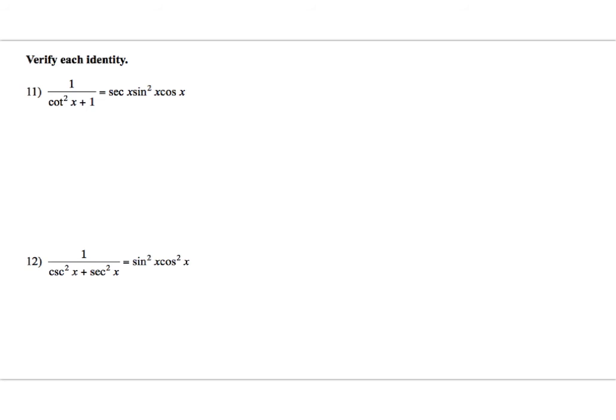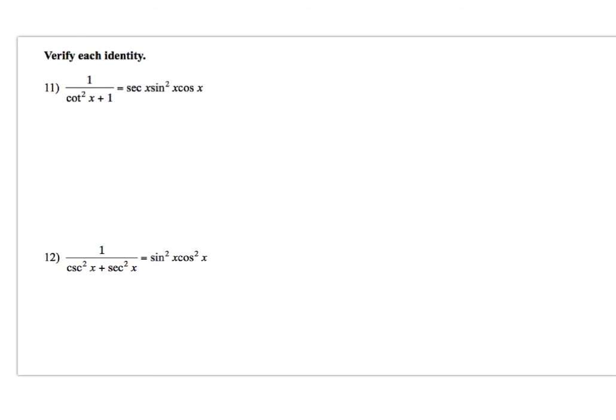All right, next up, I've got some cotangent stuff that's squared. In fact, in both of these, I've got some weird things going on. It might be useful for me to think about some Pythagorean identity.